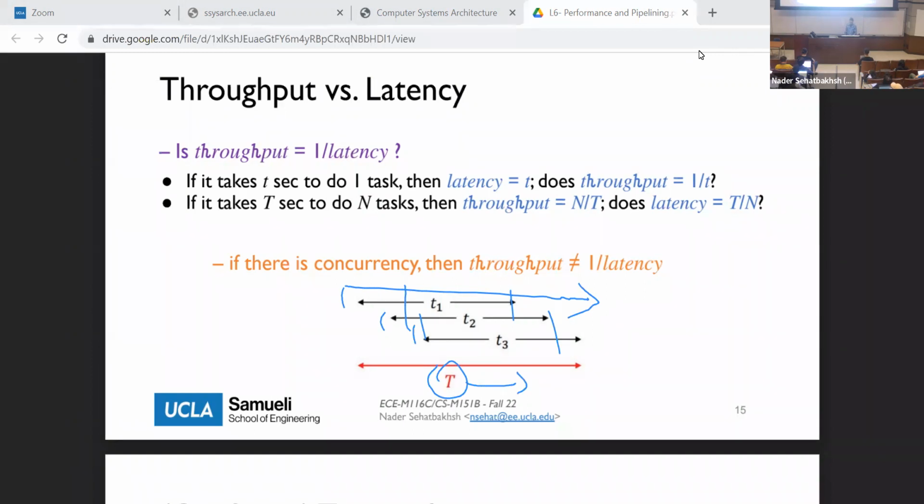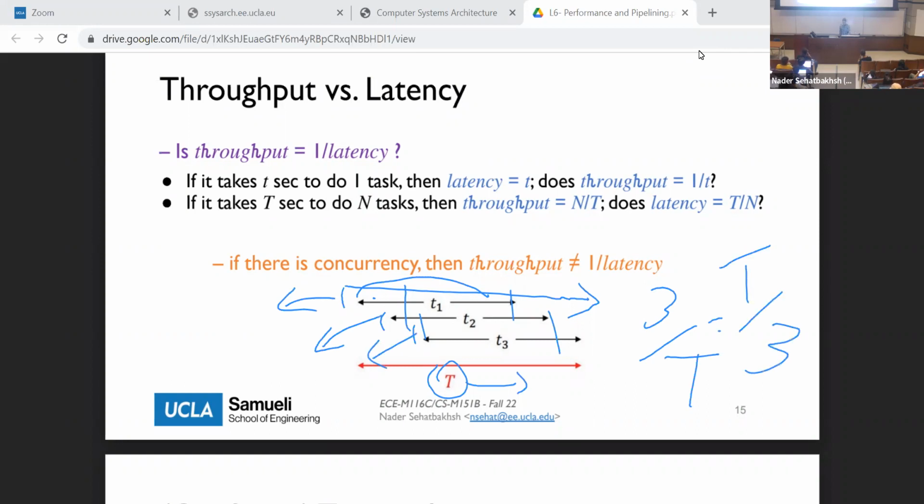And in this case, the individual latency of each of these is T1, T2, and T3, but the throughput of this system is basically 3 over T. So you cannot say, for example, that the latency of this program and this program and this program is T over 3.